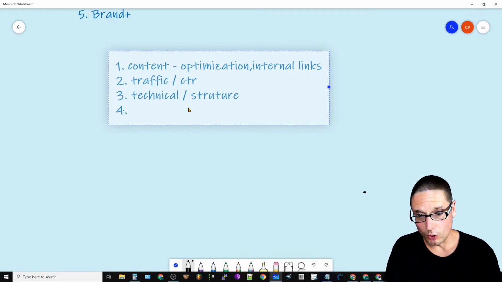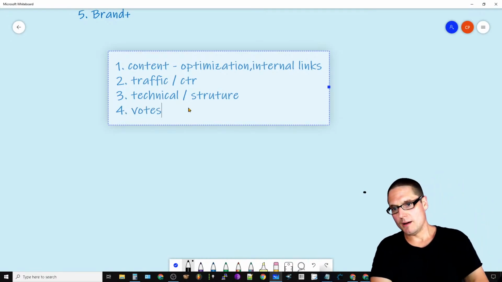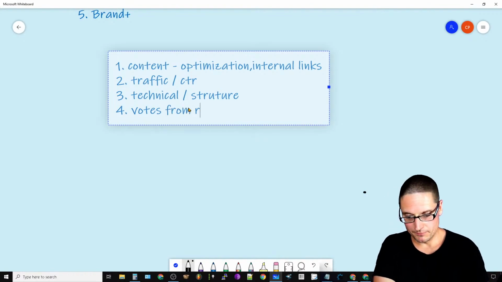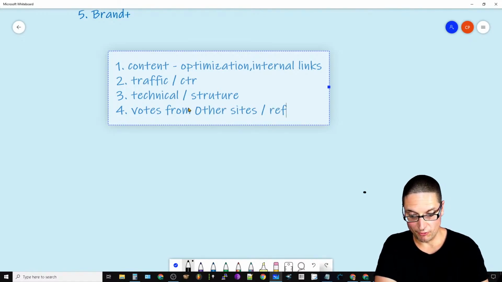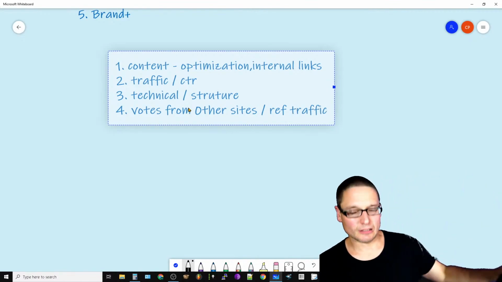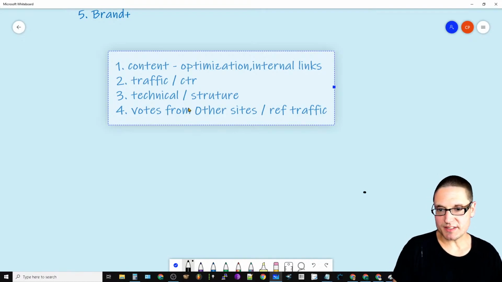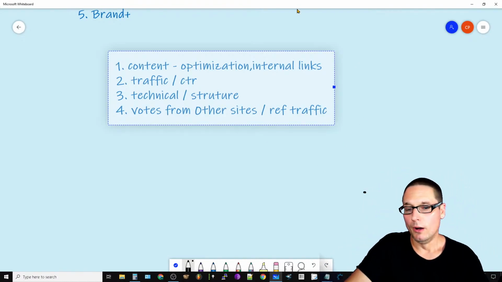And then number four is going to be votes from other sites, and referral traffic. Does that get a click? I would say these are going to be your top four things in this order.